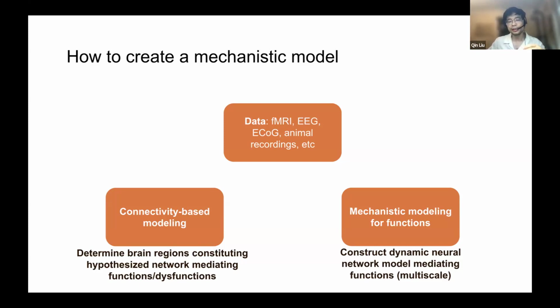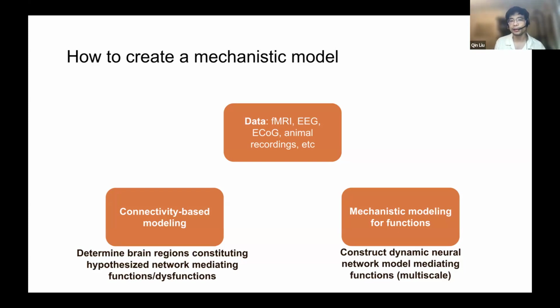I guess you must have already seen a lot of studies in our group utilizing the virtual brain connectome model. In this kind of analysis or modeling, we can determine the brain regions constituting the functions that we are interested in, and we can form some hypothesis already at this step.